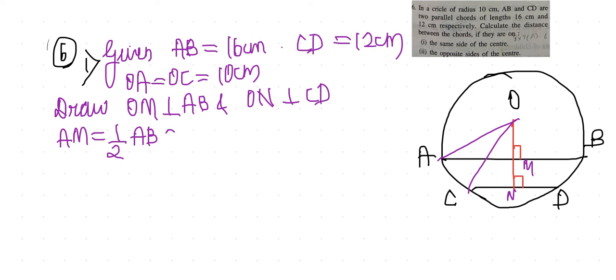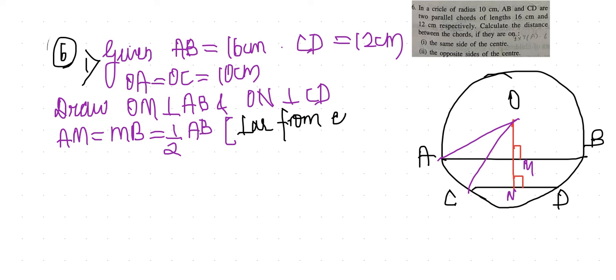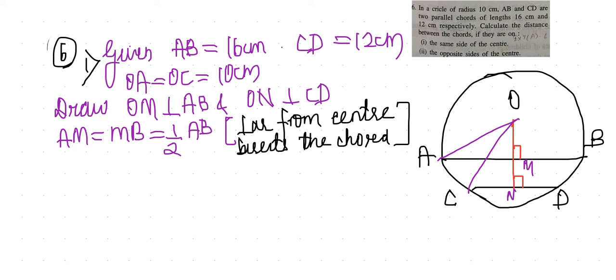Because, children, or else just write down like this, AM is equal to MB is equal to half AB. Okay, and then what will be your statement? That perpendicular from the center bisects the chord. Okay, so this is the statement that you will be writing, that perpendicular from the center is bisecting the chord.